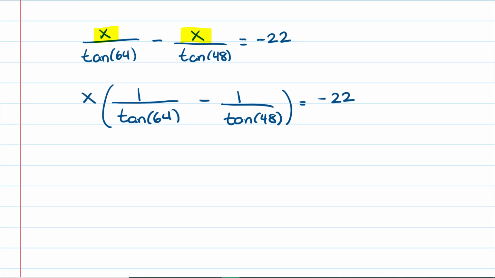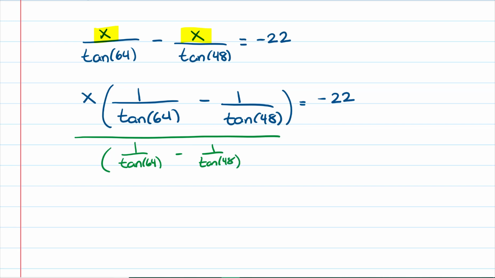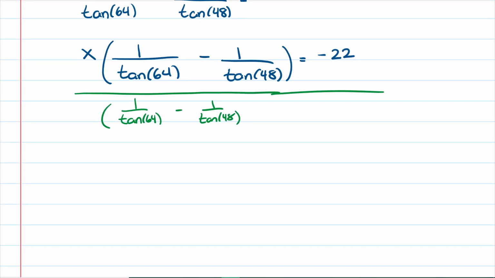So from here, this whole thing is one term. So I'm actually going to divide everything by it. I know that seems really gross, but that's okay, because we're just going to put it in a calculator anyways. So I'm going to divide that to both sides.